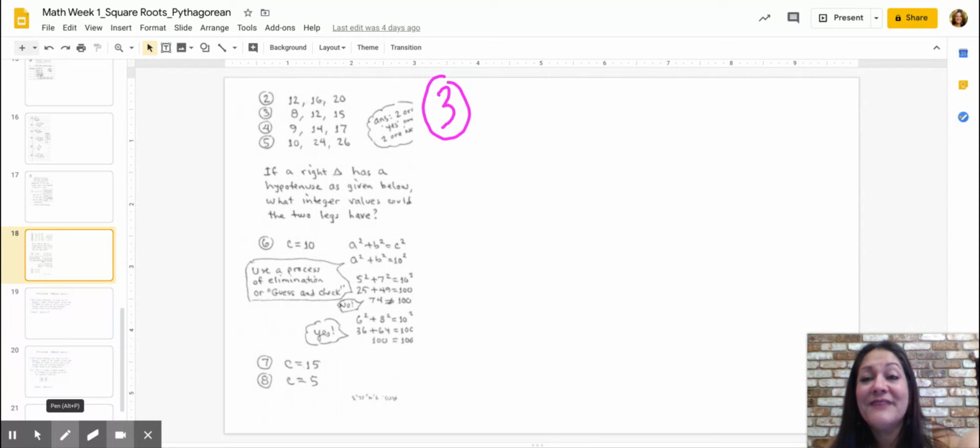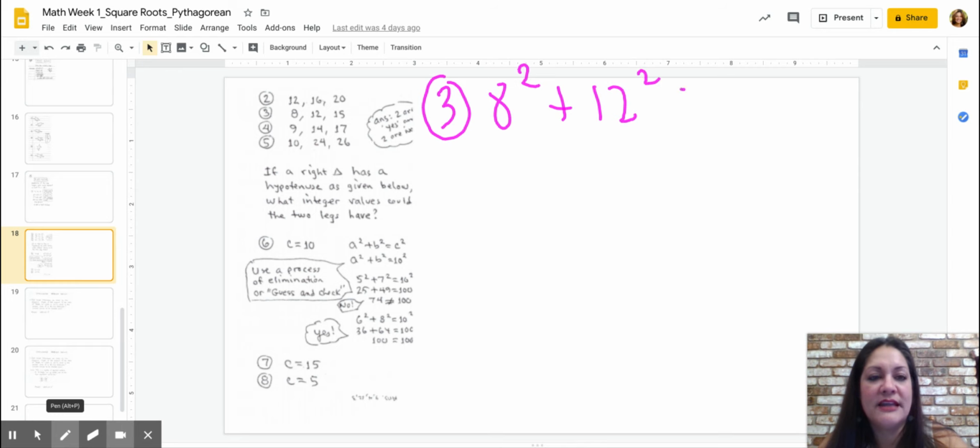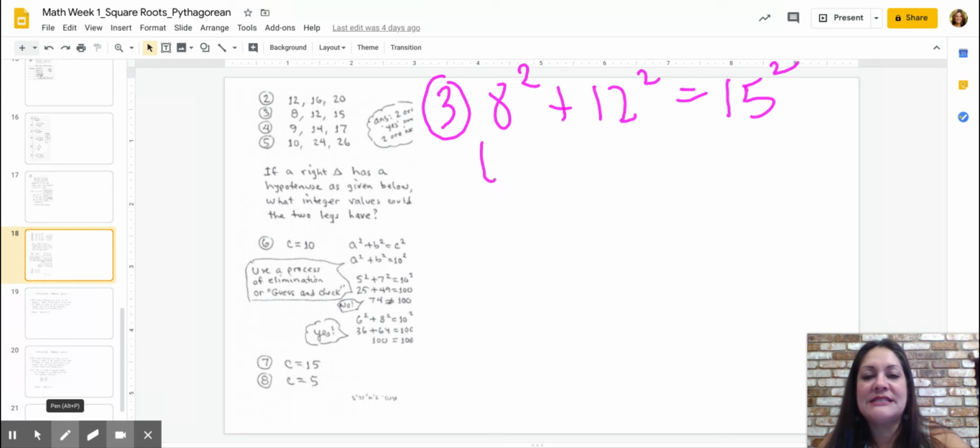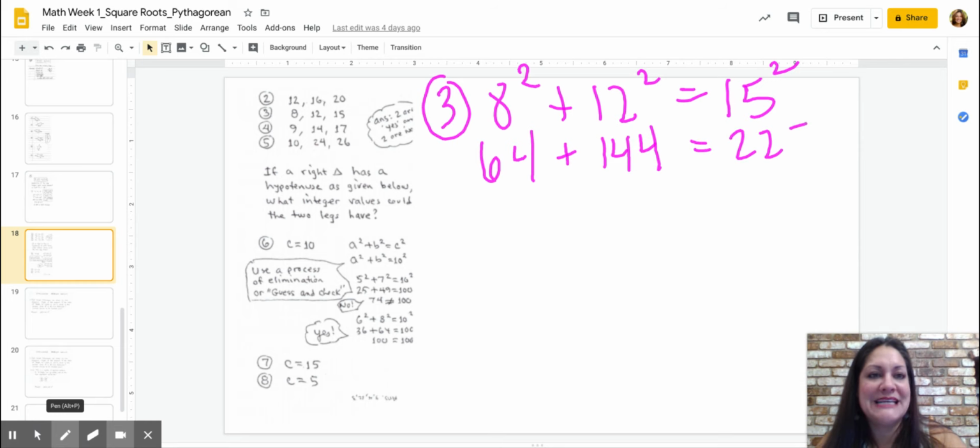All right. Number 3. 8 squared plus 12 squared equals 15 squared. I know all of these. So 64 plus 144, does it equal 225? Let's add them. My ones place, 4 plus 4 is 8.